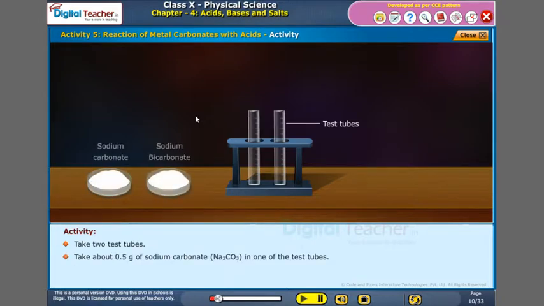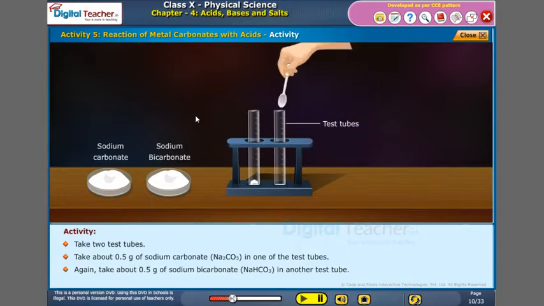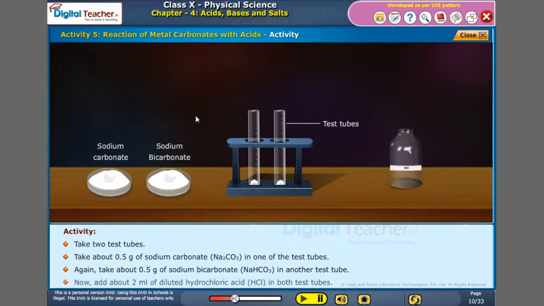Take about 0.5 grams of sodium carbonate, Na2CO3, in one of the test tubes. Again, take about 0.5 grams of sodium bicarbonate, NaHCO3, in another test tube. Now, add about 2 ml of dilute hydrochloric acid, HCl, in both test tubes.